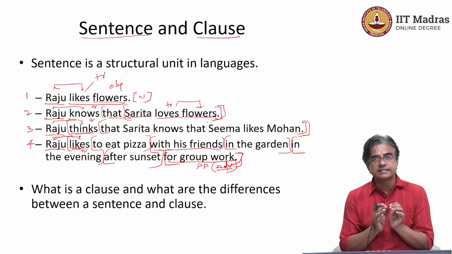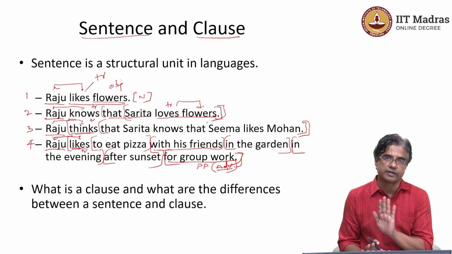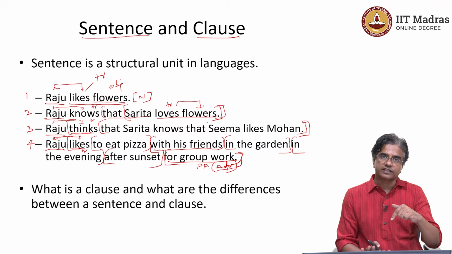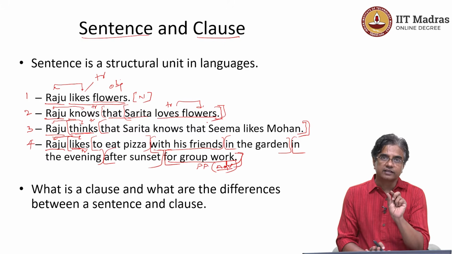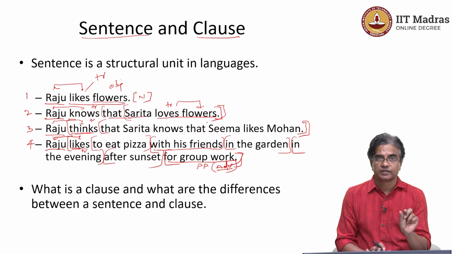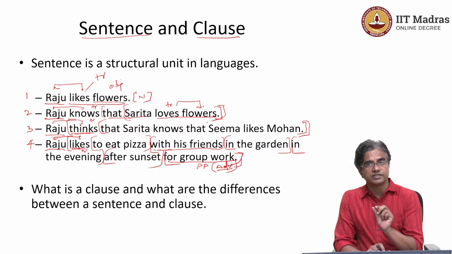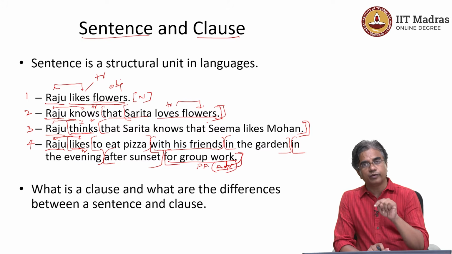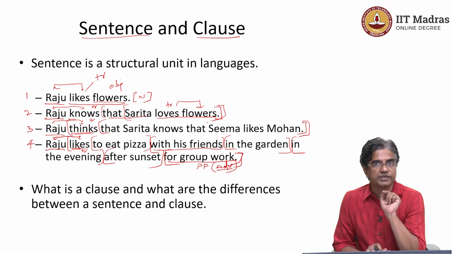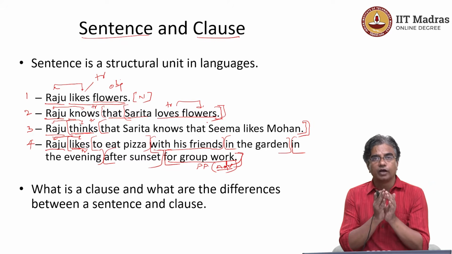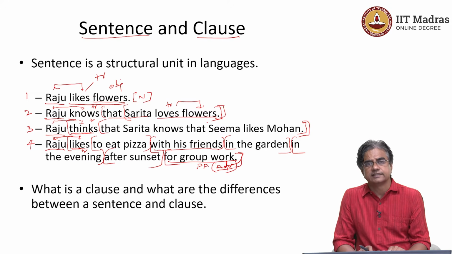So the larger sentence had subject, verb and object. Requirements fulfilled. As we know, objects are required by verbs. That is, if a verb is transitive in nature, then you need an object. So within the verb phrase, the object is embedded. In place of the object in the second sentence, you have a whole structure that is like a sentence and more than a sentence.